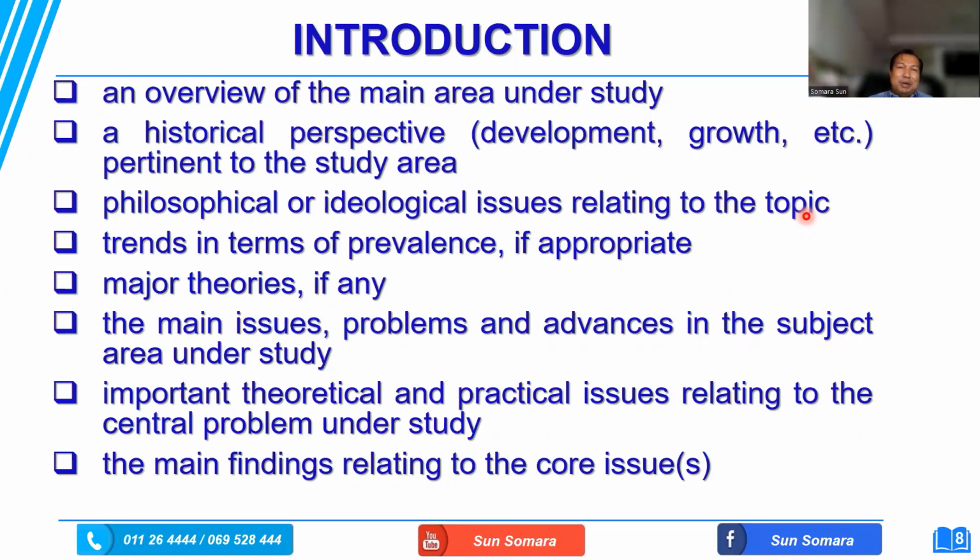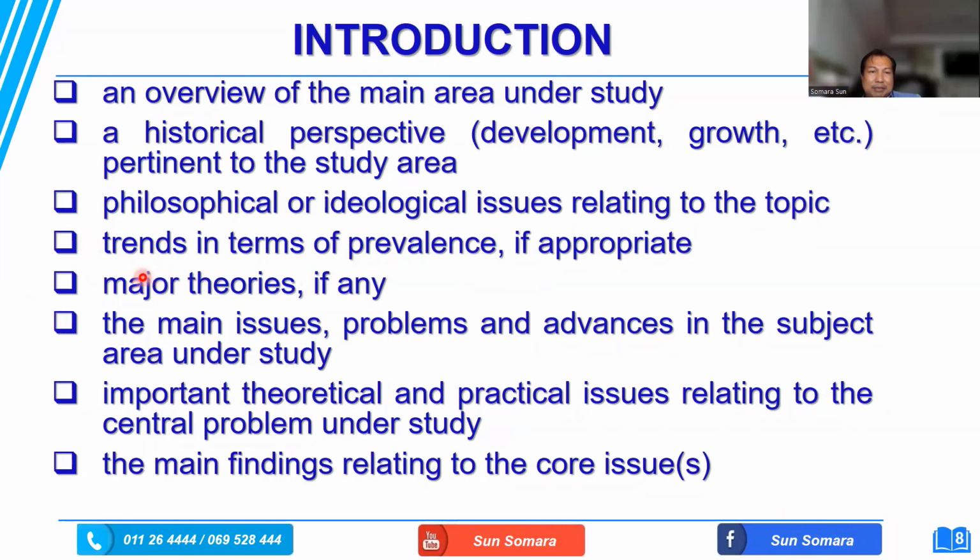For example, if your topic is teaching English writing, you may say something about teaching methodology, about English learning in Cambodia, and about the problem with English writing skill, and then lead to your research problem there. You can see.